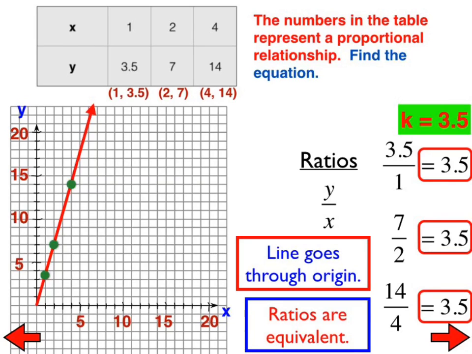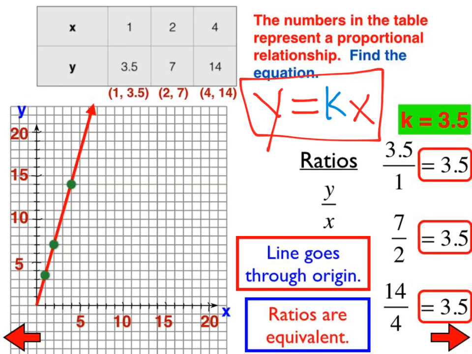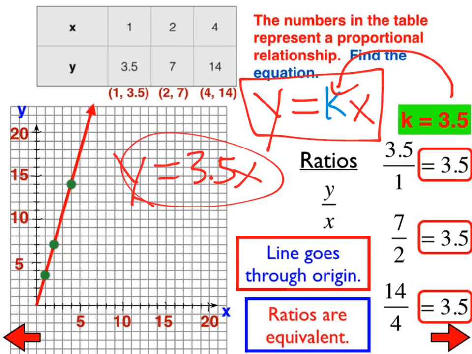The piece that we added last lesson helps us determine what the equation is, because all proportional equations look like this: y equals kx, where k is the constant of proportionality. Since we know that k is 3.5, we simply replace k with 3.5, and our equation is y equals 3.5x. This was the problem that we ended with in the last lesson.